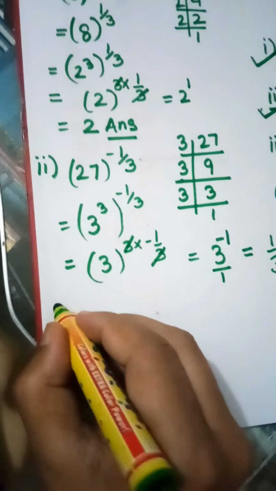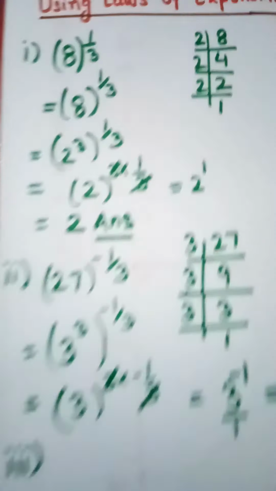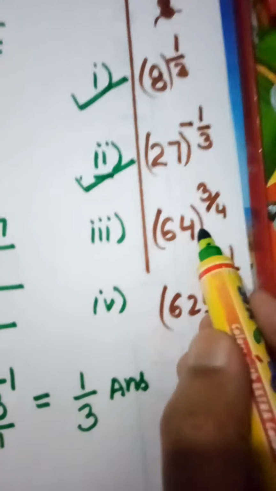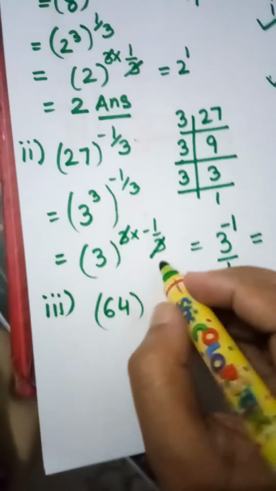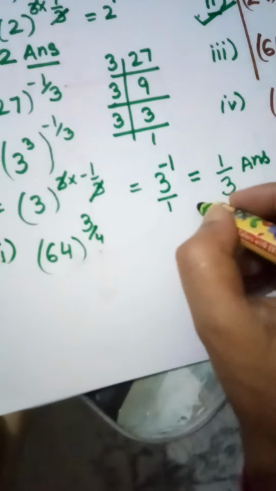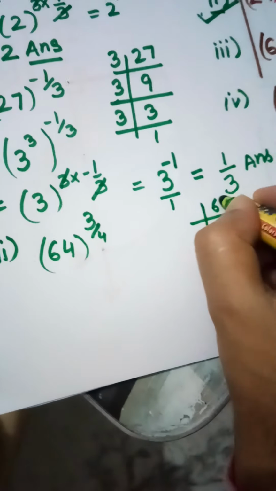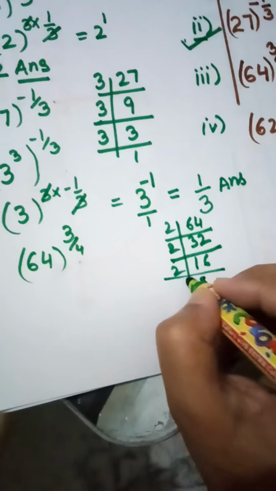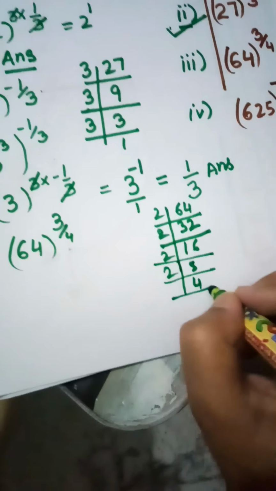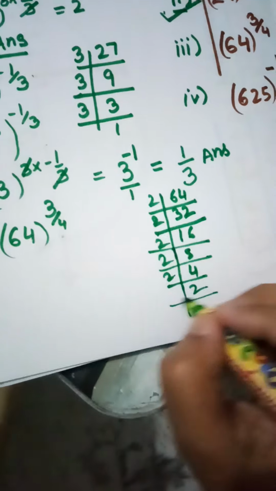So let's have the third part after that. What is our third part? Third part was 64 raised to power 3 upon 4. Now see children, we can factorize 64 in many ways, like you can go with 8 also, or we can go with 2 also. 32, then with 2, 16, with 2, 8, with 2, 4, with 2, 2, and with 2, 1.